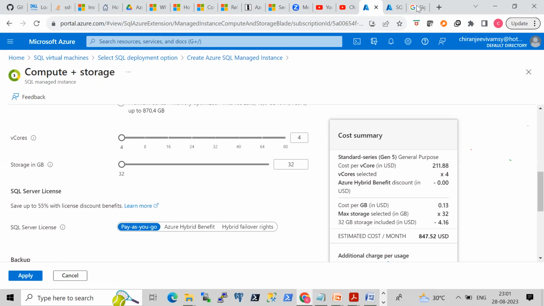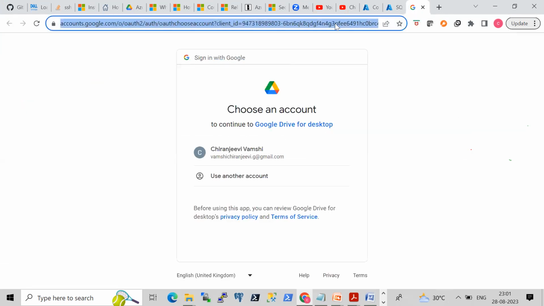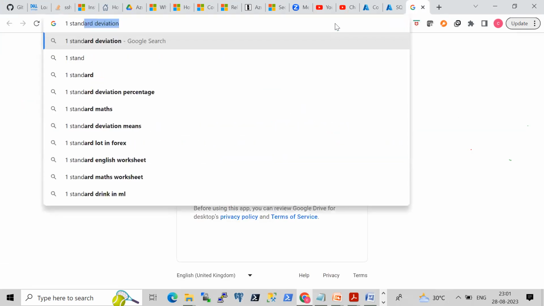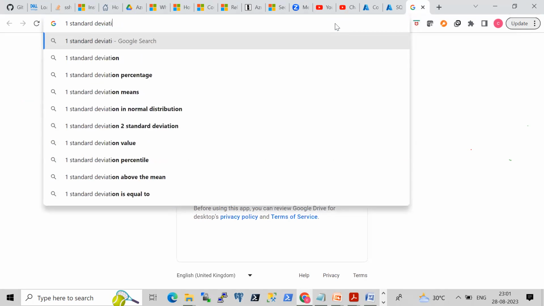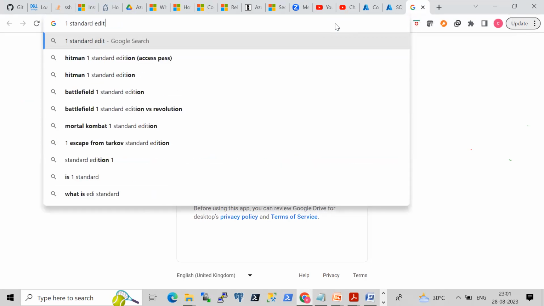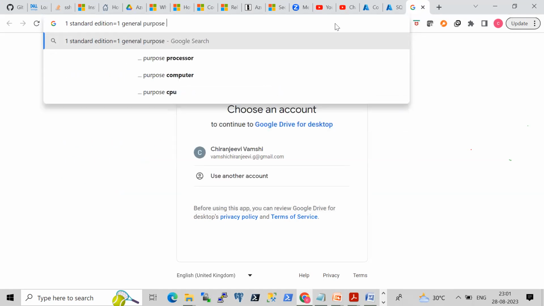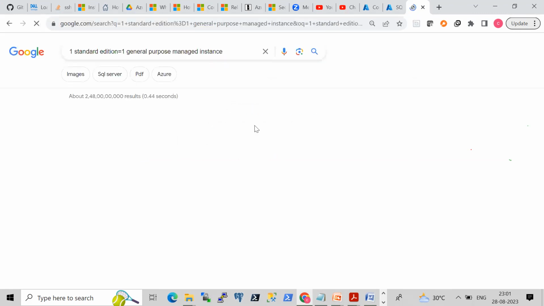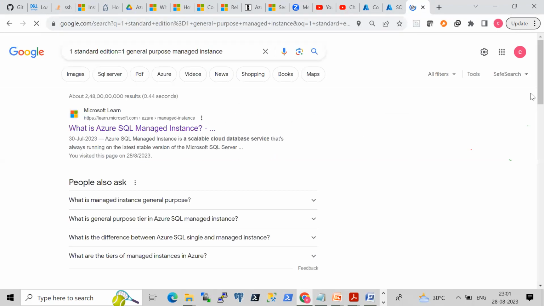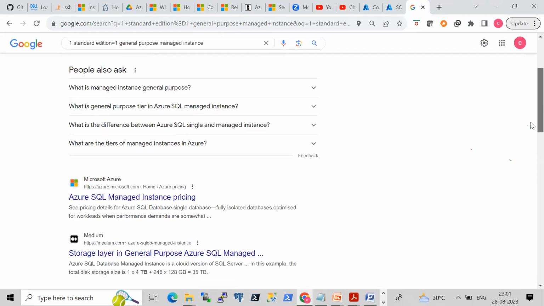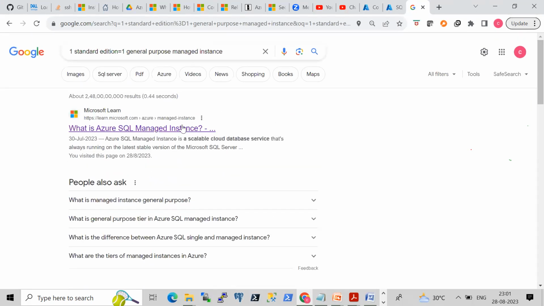I have that information with me, I don't know where I kept it, so I'll search here. One standard edition is equal to one general purpose managed instance. Let us go from here.